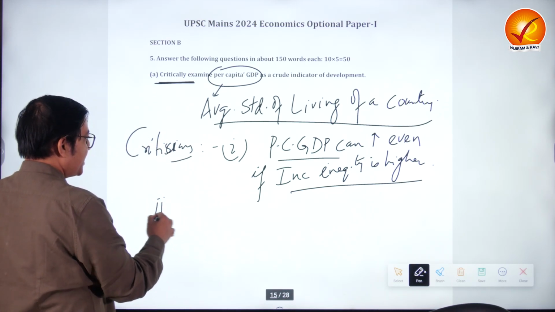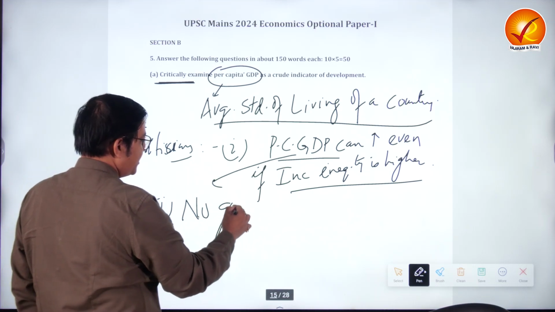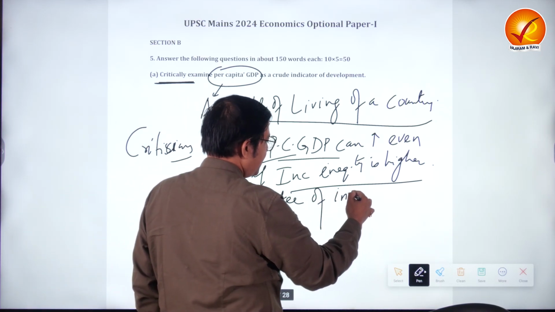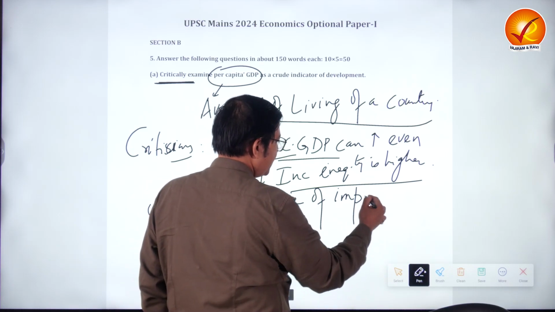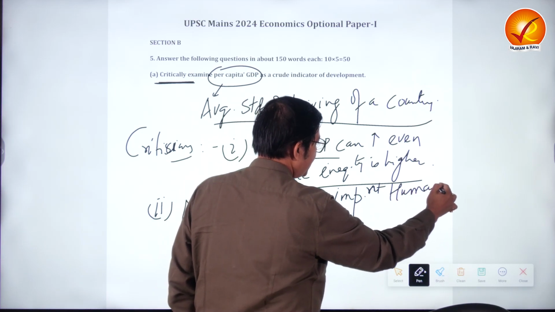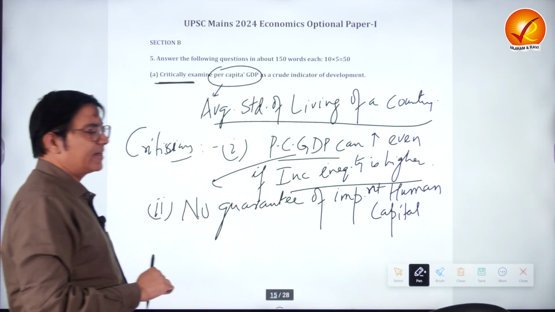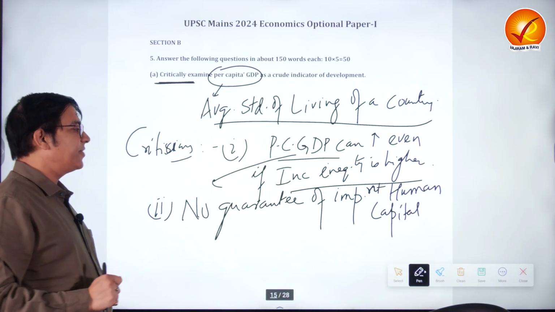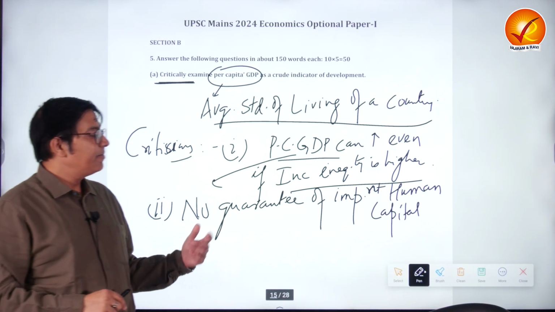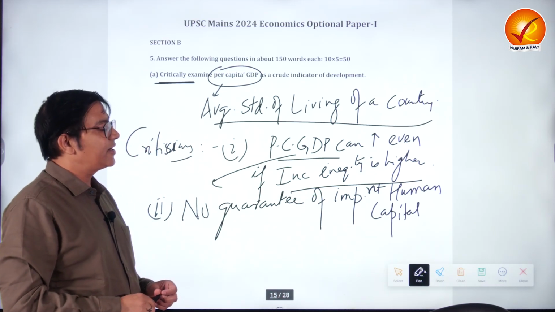Then you can argue there is no guarantee of similar improvement in human capital. In development, we should always talk about human capital also as an achievement, like education, healthcare, etc. It may or may not increase. There are cases where the per capita income is very high, like the West Asian countries, but the level of human capital development is not that good.